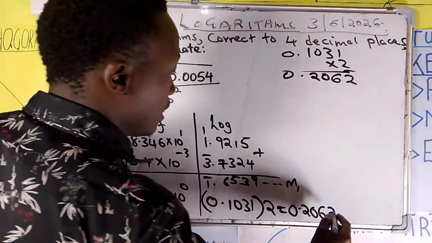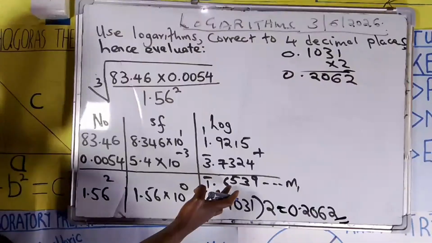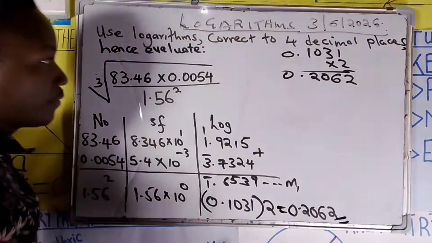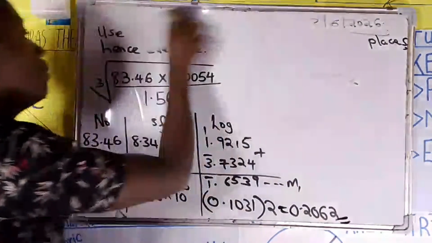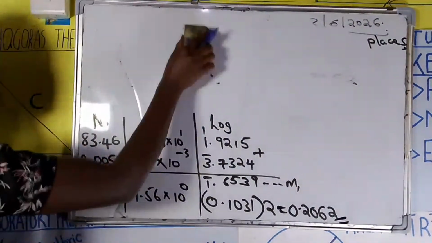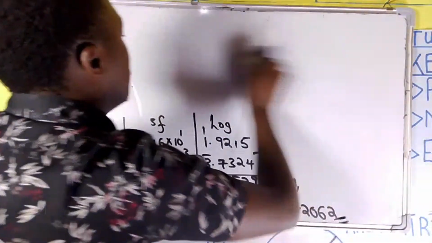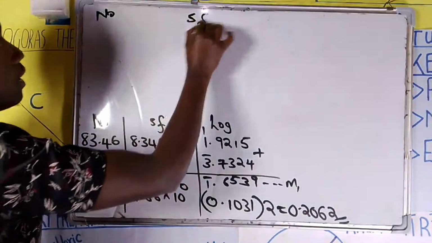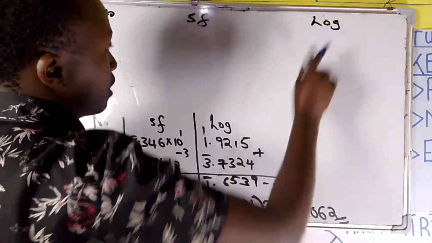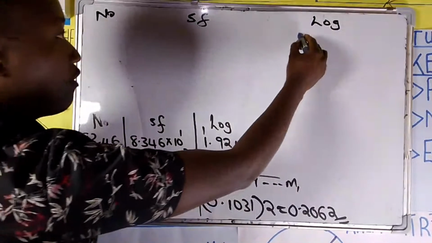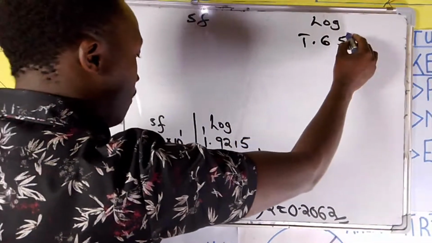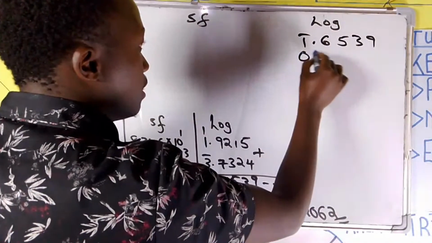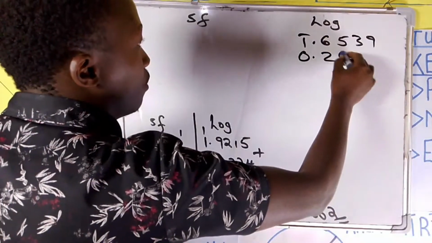Now we take the logarithm of the numerator and subtract the one of the denominator. On the side of logarithm, we have bar 1.6539, and we are going to subtract 0.2062.